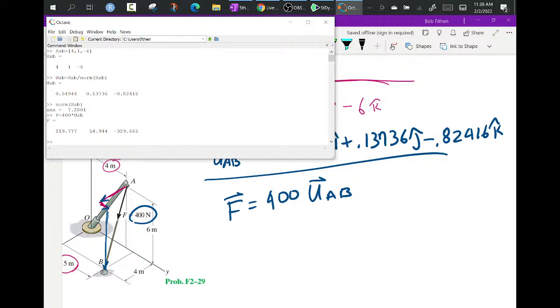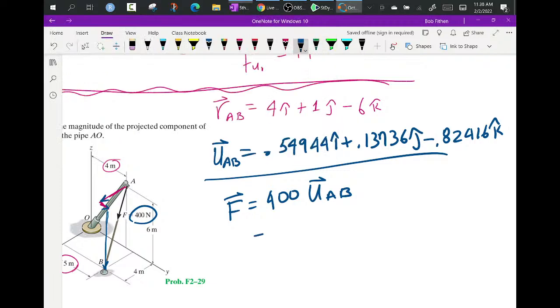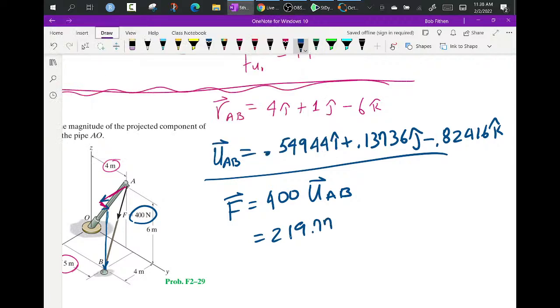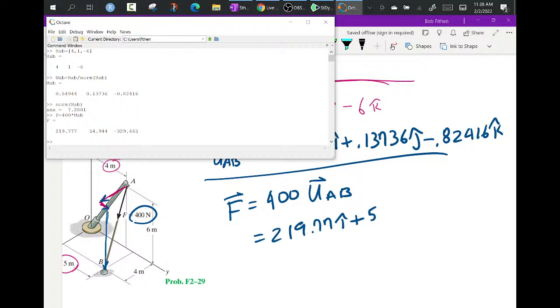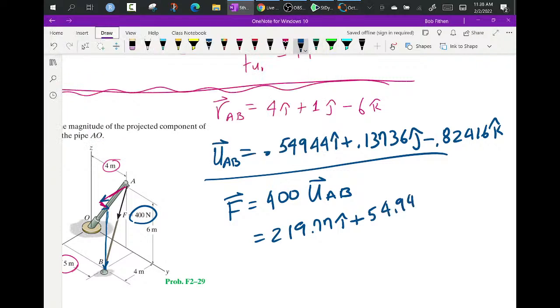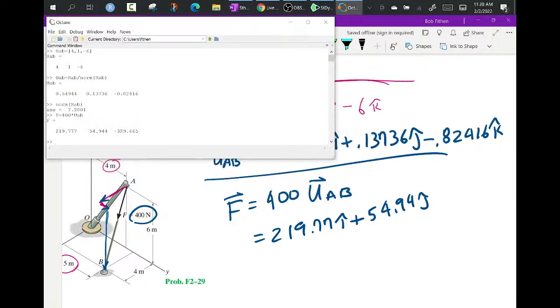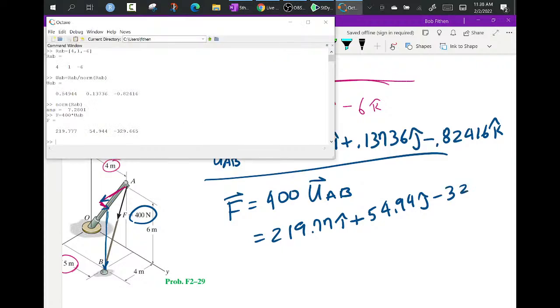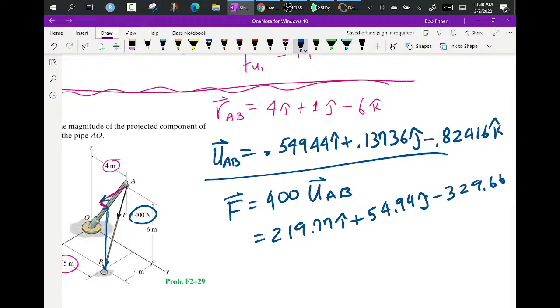Okay, so I get about 219.77 I plus 54.94 J, and then minus 329.66 K.